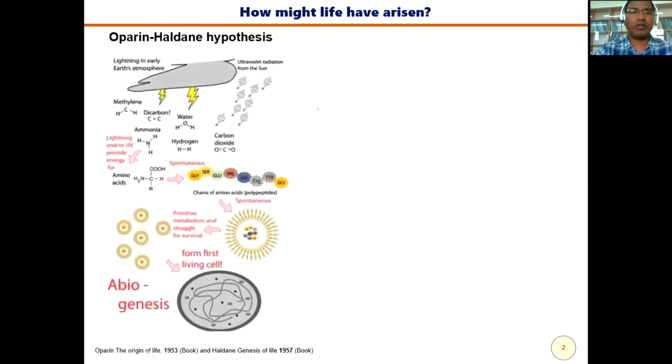In this regard, Oparin and Haldane gave a hypothesis in which they thought that simple inorganic molecules, carbon dioxide, hydrogen, water, and ammonia, react together and form small building block molecules such as bioorganic amino acids and nucleotides. Those molecules further reacted to give polymers such as proteins and nucleic acids.